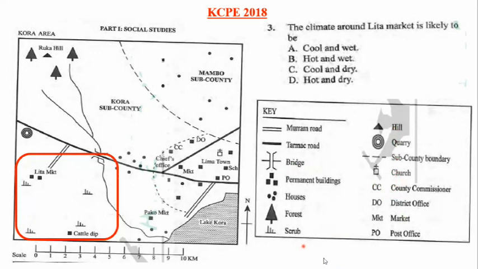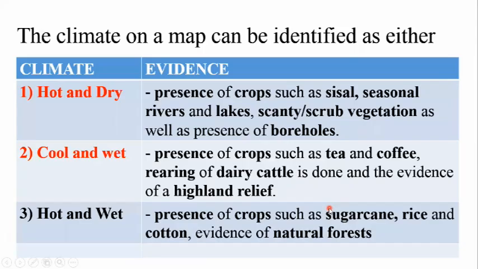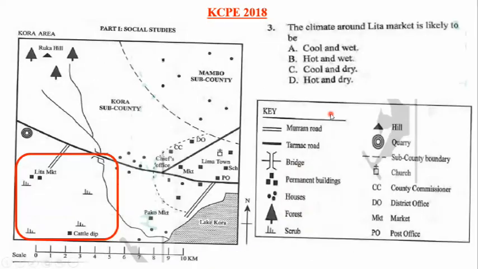So from the key, we have the vegetation, and the vegetation is what? Scrub. Where do we find scrub? Scrub is the evidence for hot and dry. So that was KCPE 2018, Lita Market. There is scrub, so that is hot and dry.